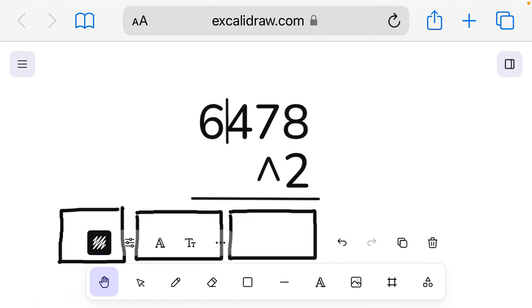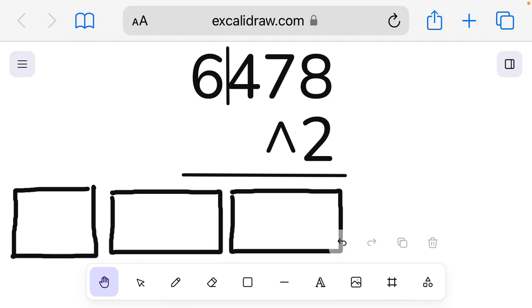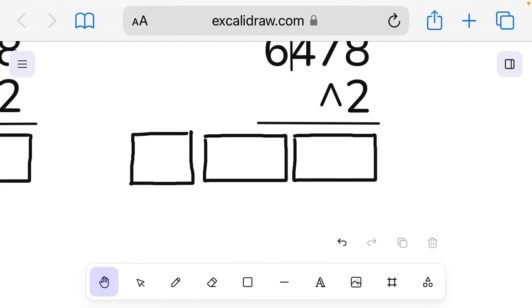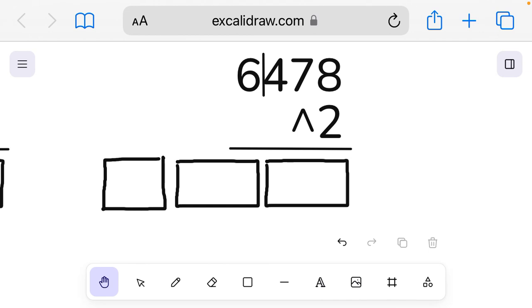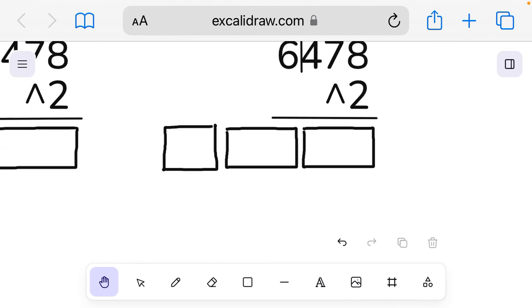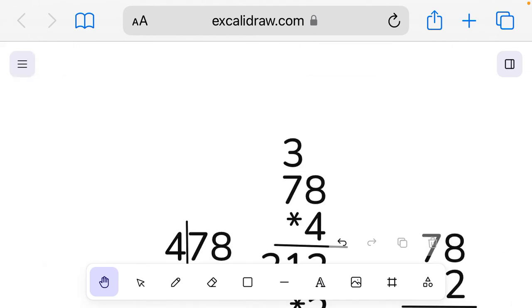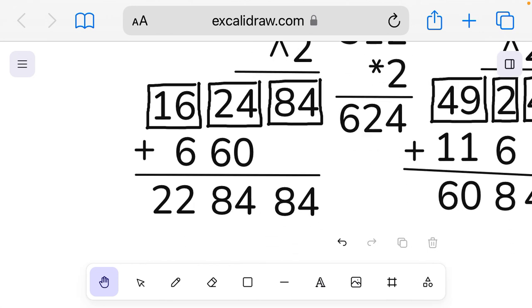We have 6,478 squared, and each box can only contain 3 digits, while the first box will always contain 2. So to do 478 squared, you have seen it, which is 228,484.